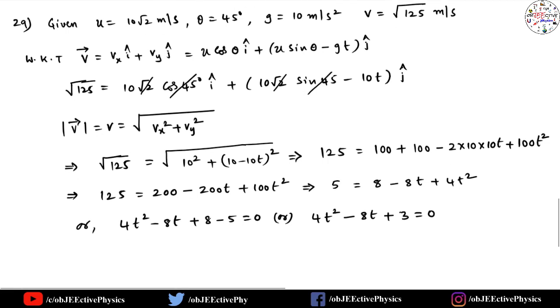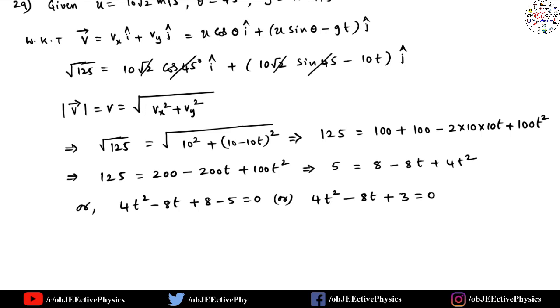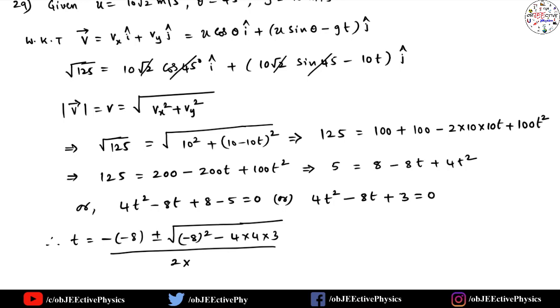So it is a quadratic equation in terms of t. Therefore t can be written as minus of minus 8 plus or minus square root of minus 8 square minus 4 into 3, whole divided by 2 into 4, that is equal to 8 plus or minus square root of 64 minus 48, whole divided by 8. 64 minus 48 is 16, root 16 is 4, 4 divided by 8.